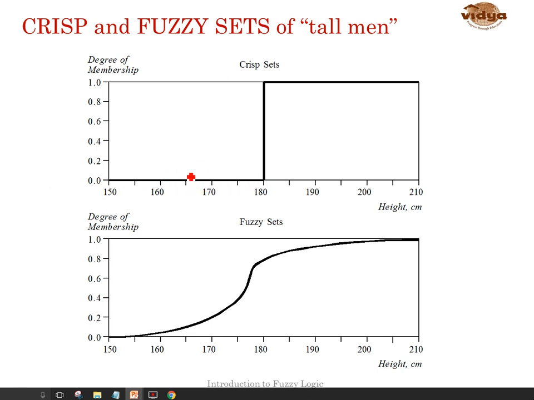It's an average height or a medium height. But exactly at 180, instead of considering a sharp cut, we can take a range of 170 to 190. So 170 onwards, there is a gradual increase.